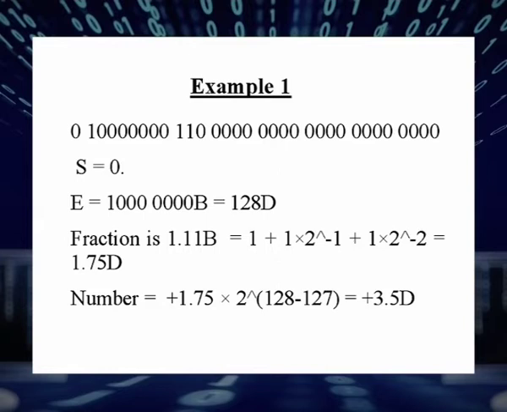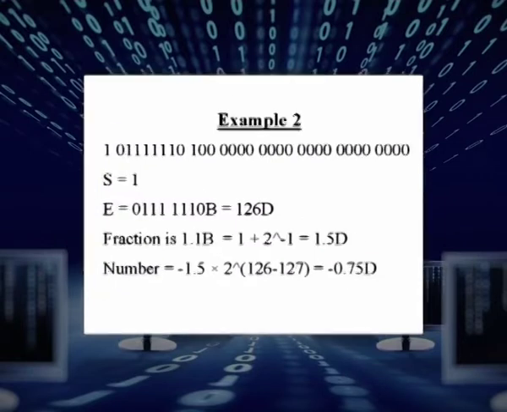Fraction is 1.11 with an implicit leading 1, which is equal to 1 + 1 × 2^-1 + 1 × 2^-2, which is equal to 1.75. Thus, the number we get is 1.75 × 2^(128-127), which is equal to 3.5.